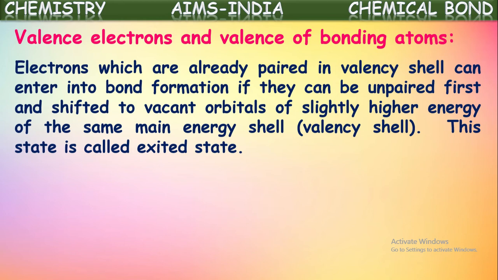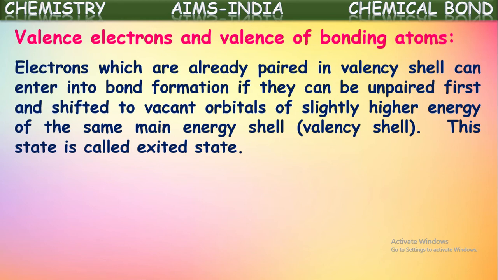Then these paired electrons become unpaired and one of those two electrons jumps into a higher orbital of the same main shell. Then they become half-filled atomic orbitals, or single electrons. These can participate in the bond formation.